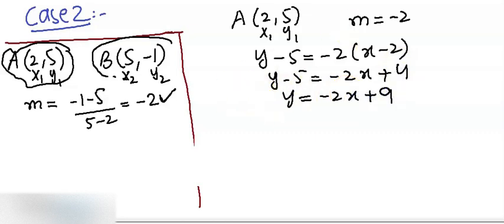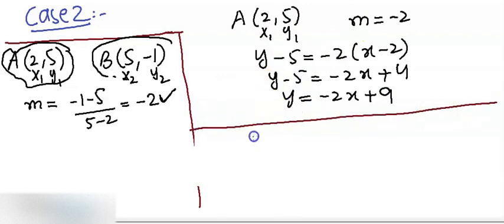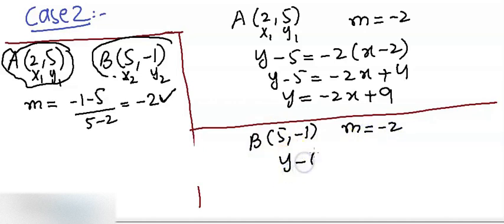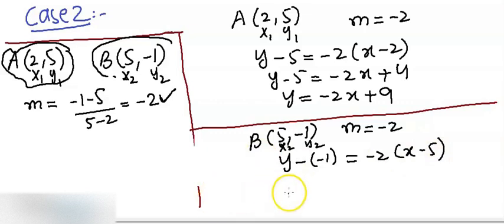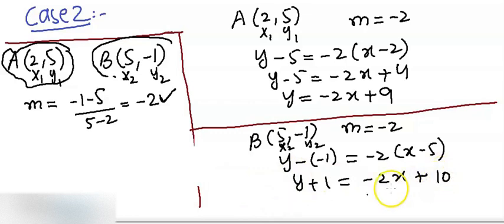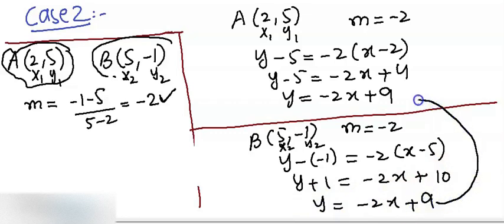But one can also take point B, which is 5 comma minus 1, with the slope m equal to minus 2. So y minus y2 is equal to m times x minus x2. This is going to be y plus 1 equal to minus 2x plus 10, which is y equal to minus 2x plus 9, exactly the same as this.